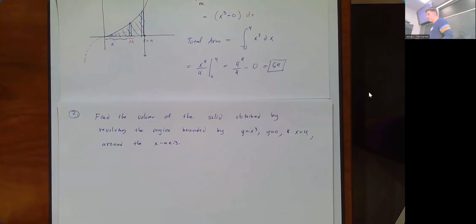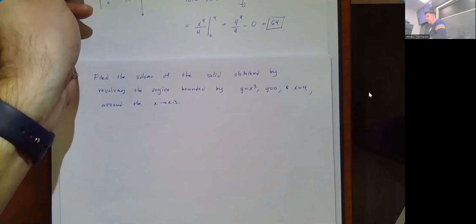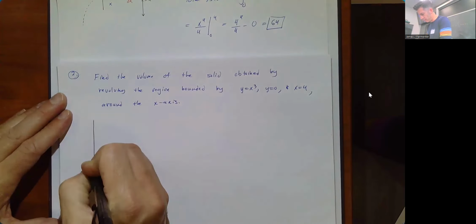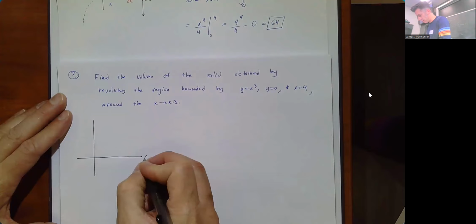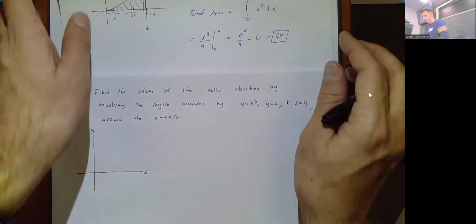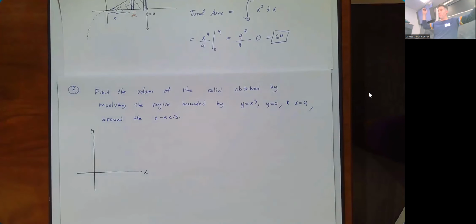I'm going to draw the same first picture, that area again with my vertical strip. I would like a different pen. There we go. Cool. So here's my same XY coordinate system. I'm not going to draw all the extra bits, just the region and none of the extensions of any of the graphs.